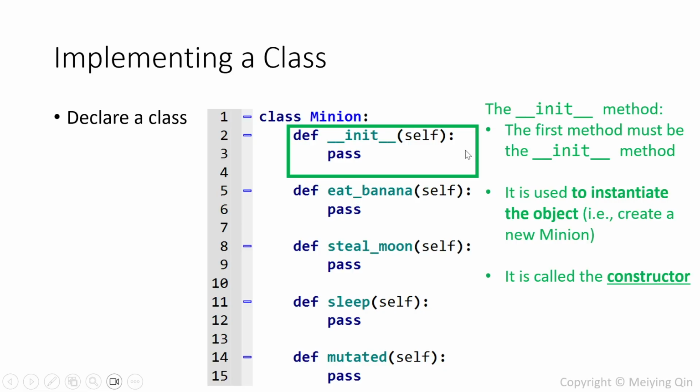But this first method must always be the dunder init, and it is used to instantiate the object. What does it mean? It is just creating a new object. For example, when we define a minion class, this init method is just instantiating a new minion, for example minion Kevin, minion Stuart, and so on.